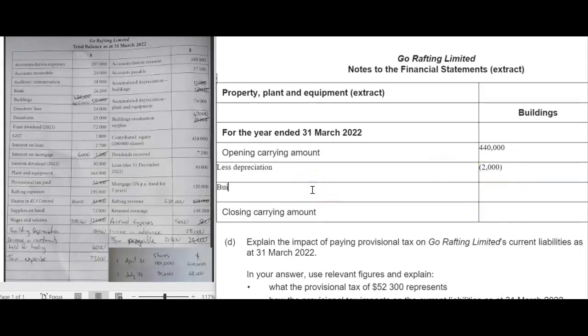And then we had building revaluation. Or we put plus revaluation, I think. So we've got 440 minus 2 plus 27, and that will be 465,000, which is this figure here.